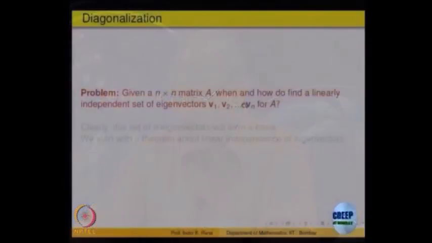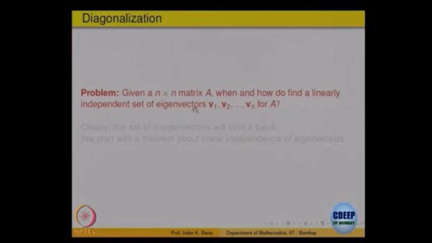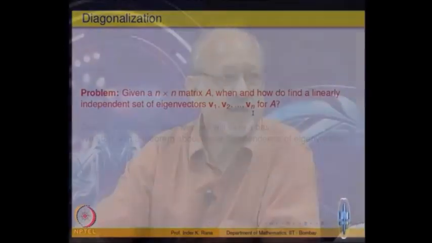When they are linearly independent, everything is okay. The problem is, given an n cross n matrix, how do you find a linearly independent set of eigenvectors? Does a given matrix have n eigenvalues, and for each eigenvalue you will have an eigenvector, do they form a linearly independent set or not? If yes, the matrix is diagonalizable.